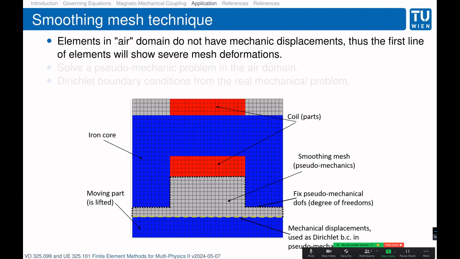So what you need to do is you need to smooth and adapt the mesh of the air domain, and this can be done by solving a pseudo-mechanics equation there, or a simple Poisson problem if you like.